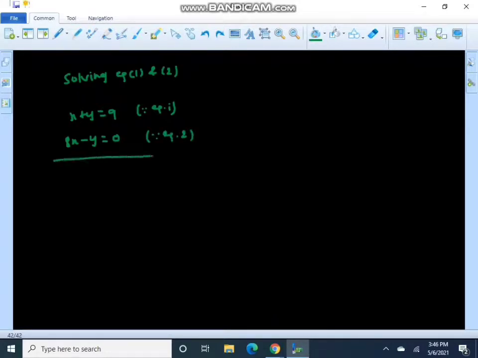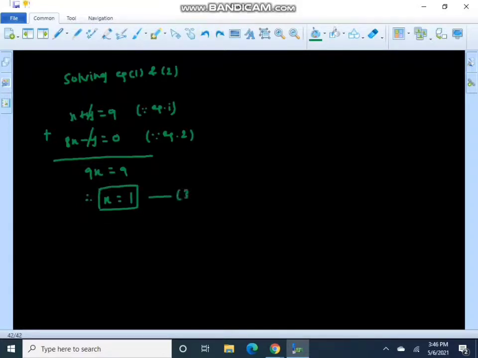Okay, since the signs of y terms are already opposite, we will add. 8x plus x, we have 9x is equal to 9, and therefore x will be 9 by 9, that is 1.